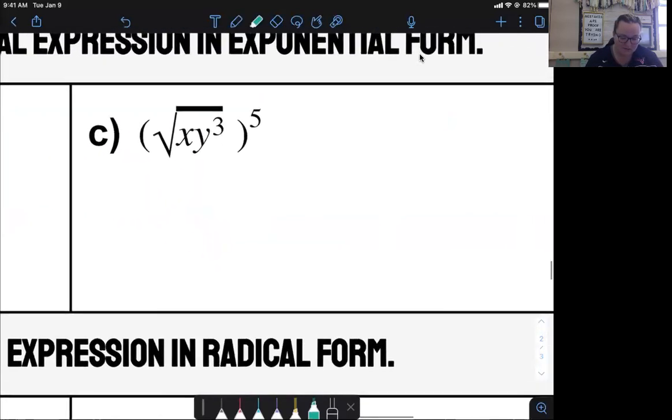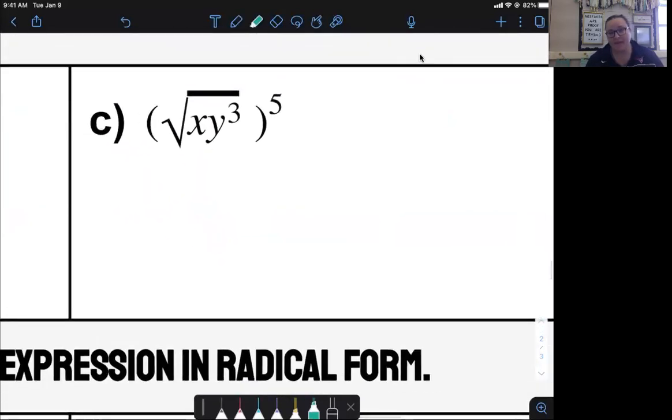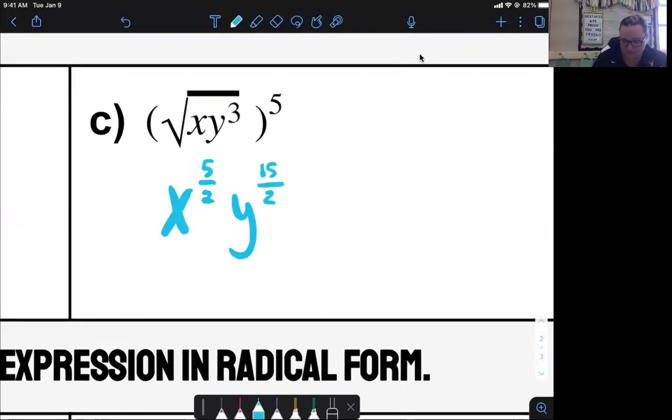All right, part C: the square root of x y cubed, and all of that to the 5th. What's happening here is we have x to the 5/2, and y to the, 3 times 5 would be 15 halves. That's going to be our final answer, and let me show you why.